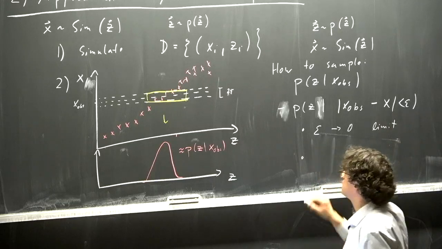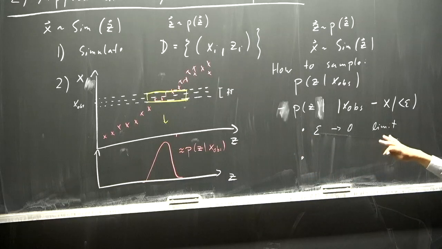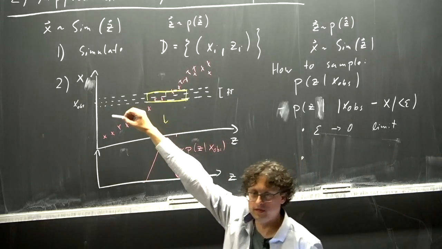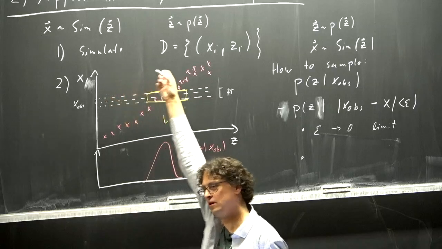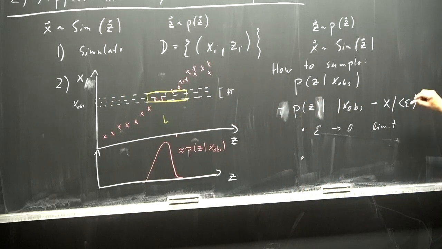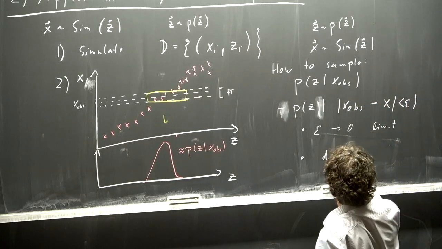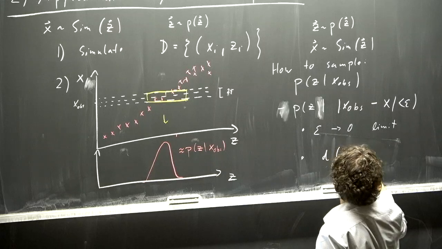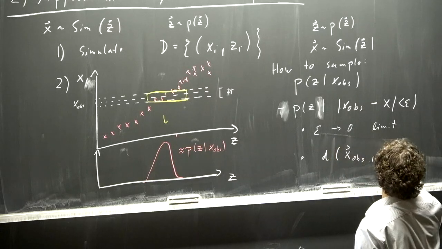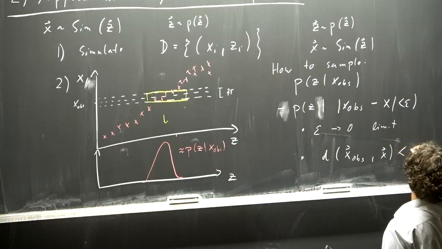And the other is, okay, this looks nice in 2D, but imagine now a situation where the data isn't just one parameter, right? But where the data might be an image with 1,000 pixels, right? Then we have to somehow replace this simple statement here by something else, and then you could say, okay, you keep all the samples where whatever distance measure you can come up with between the observation and the simulations is small.